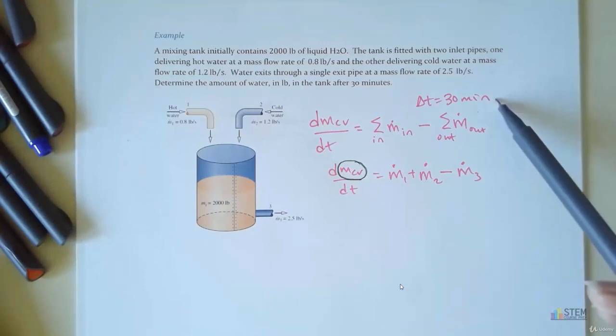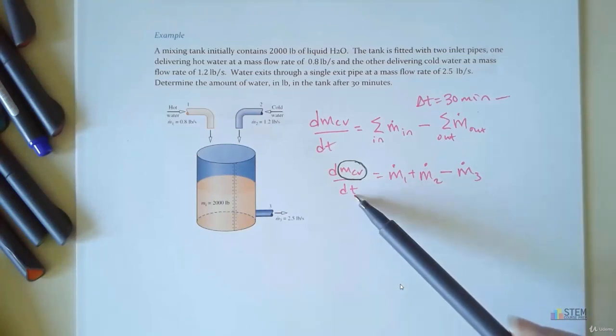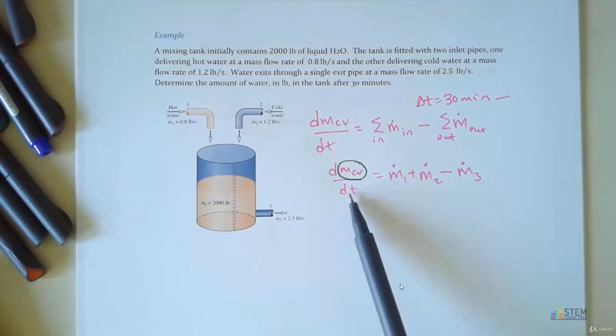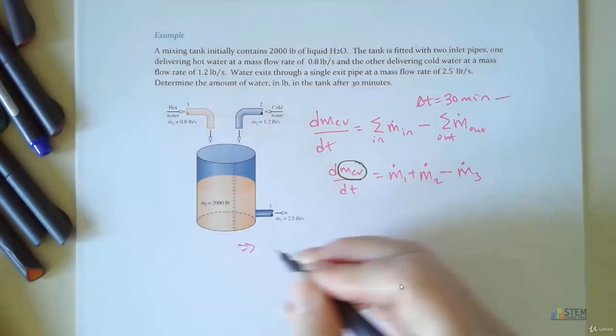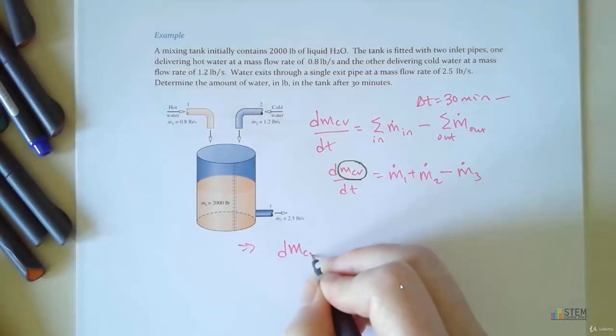And notice we've got this time given. So if you think about it, we've got this dt in the denominator here. What if we took this dt and multiplied it on the right side? Then we'd have a derivative on each side, and y'all know what to do after that. Means we're going to integrate both sides. So let's go ahead and write that out.